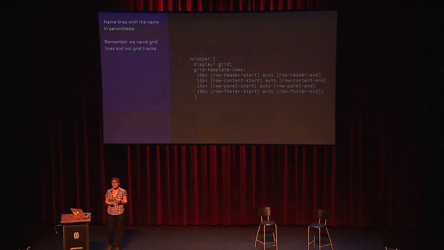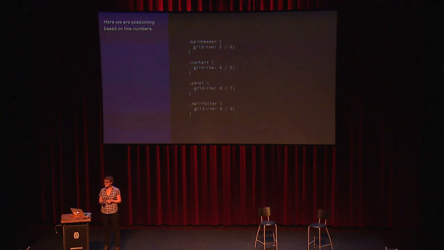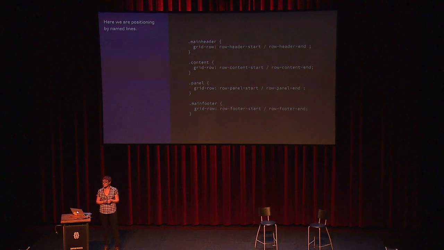So the value is describing the grid track, the size of that track, and we name the actual lines rather than the content track itself. Positioning items is exactly the same, except we use the name of the line rather than the number. So this becomes this.